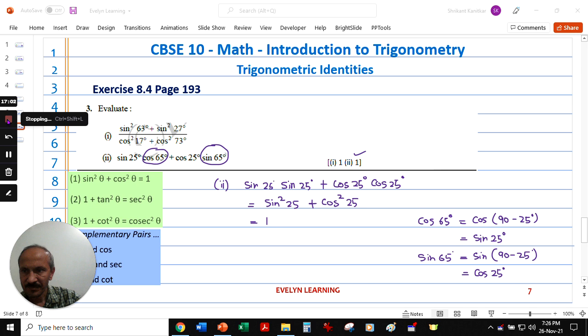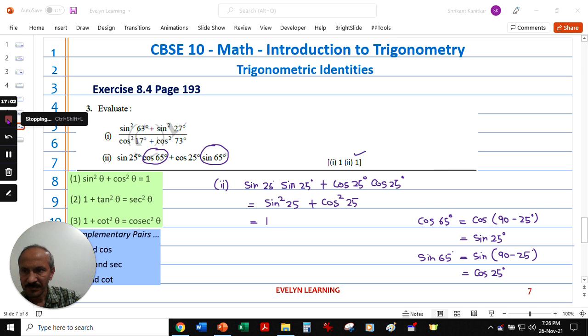The second question can be solved similarly. Here I am doing the second part: sin 25 degrees cos 65 degrees plus cos 25 degrees sin 65 degrees. So sin 25 I have written as it is, and now this cos 65 degrees can be written as sin 25 degrees. And how is that?